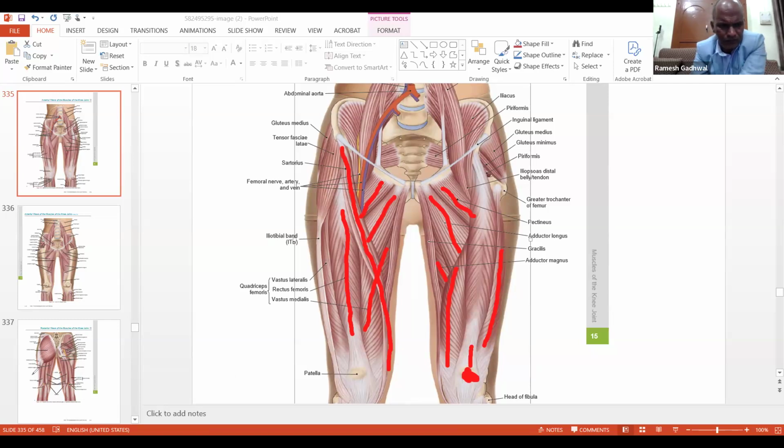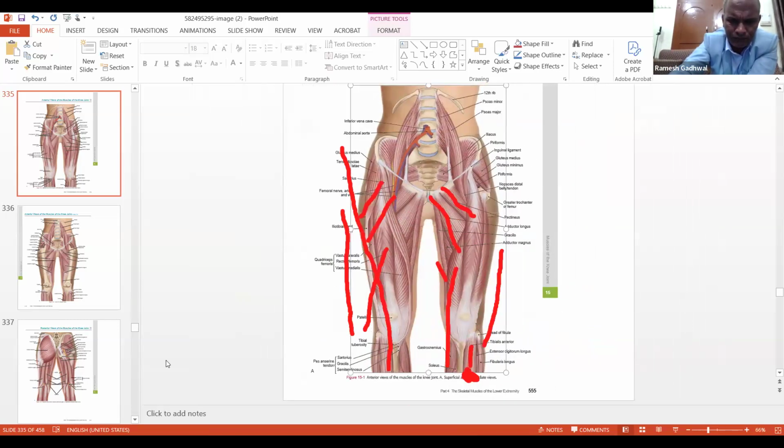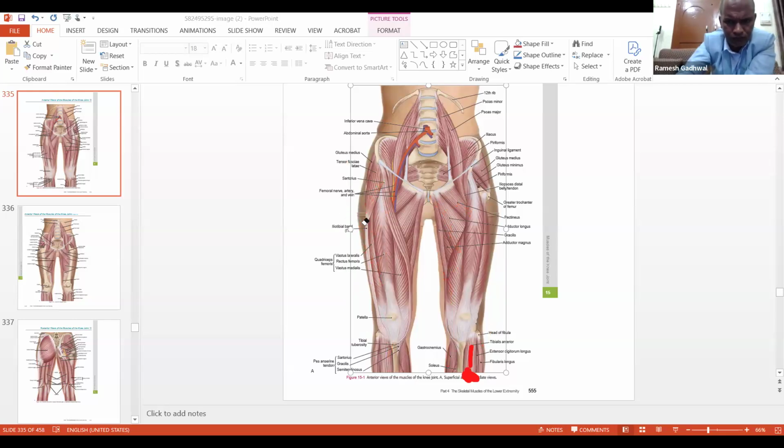Then if you see the arrangement of muscles, here you can see this is the tensor fasciae latae muscle that starts from the hip and goes down to the knee, joining with the head of the fibula.